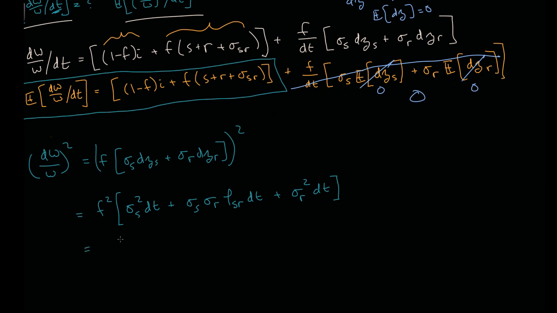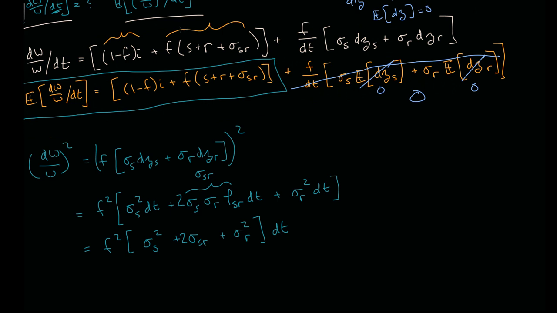Great, and we can then factor out that dt. And we recall that this whole thing in the middle was defined to us as sigma sr. So we get sigma s squared plus, I'm sorry, 2, there's a 2 here, 2 sigma sr plus sigma r squared, all times dt.